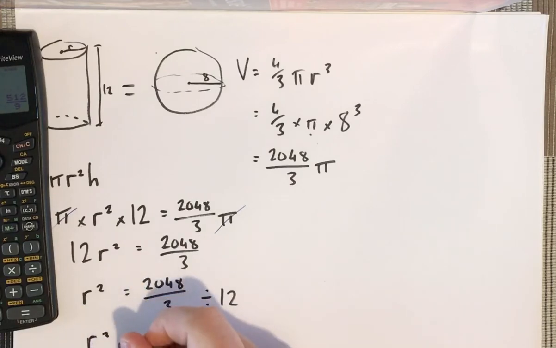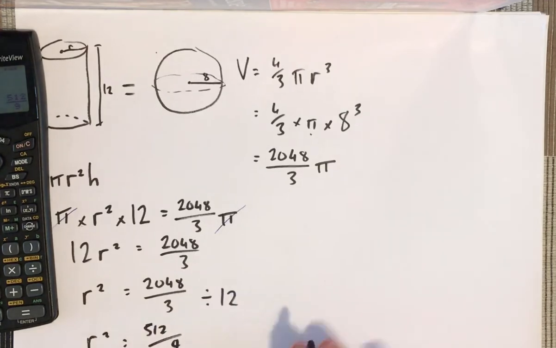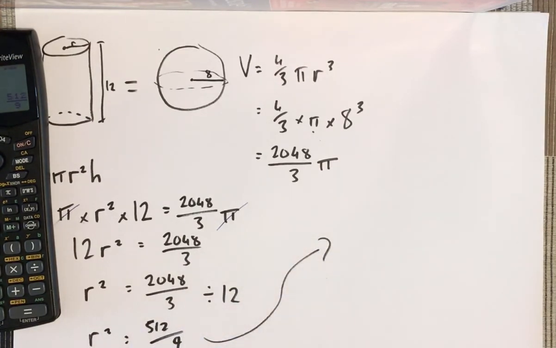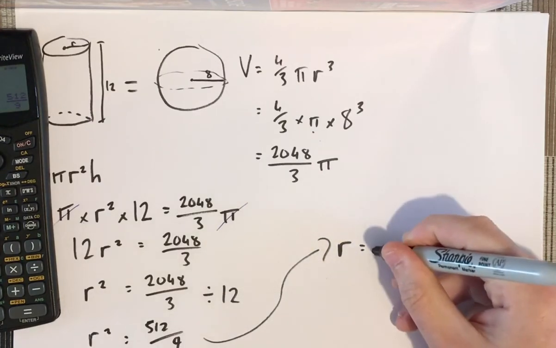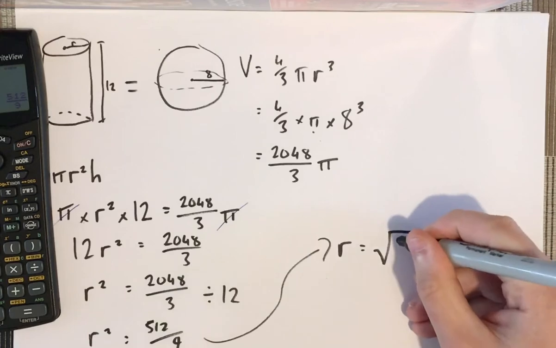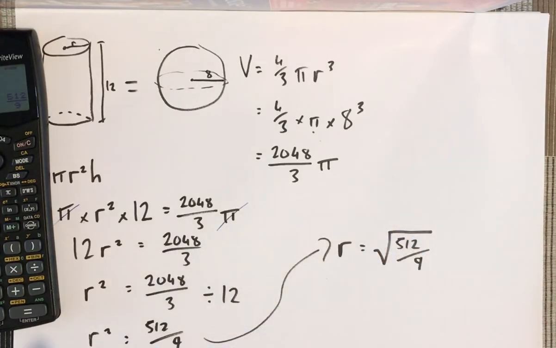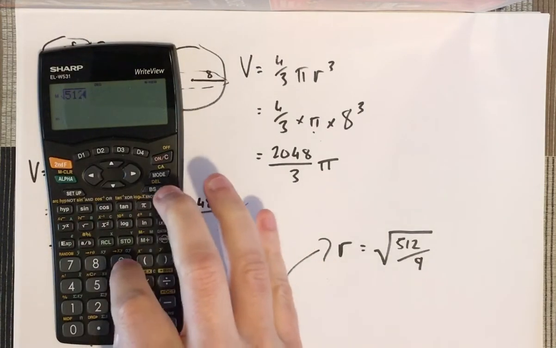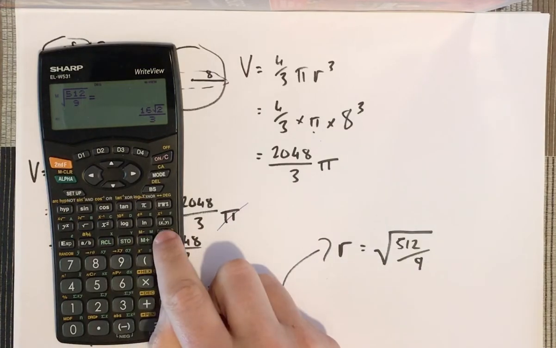So r squared is equal to 512/9. If r squared is equal to 512/9, then r is equal to the square root of 512/9, which is 16√2/3.